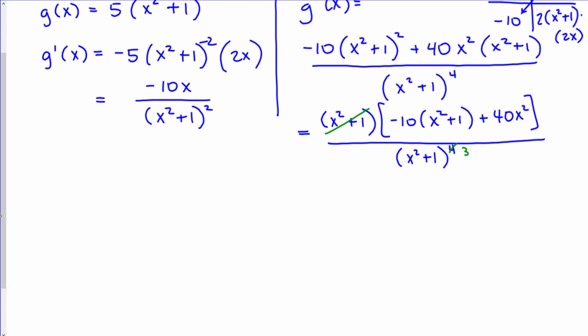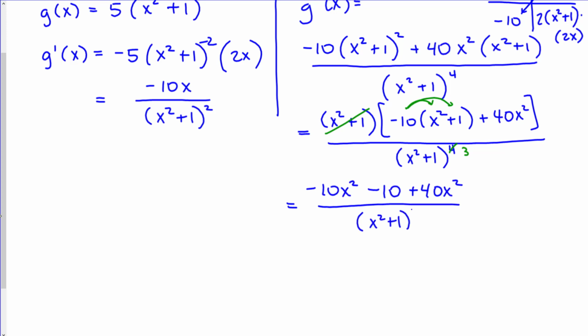Improvements are improvements. If I distribute the negative 10 into this set of parentheses, I will have negative 10x squared minus 10 plus 40x squared all over x squared plus 1 cubed, which looks like I could turn into 30x squared minus 10 all over x squared plus 1 cubed.